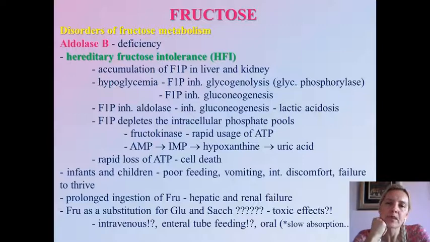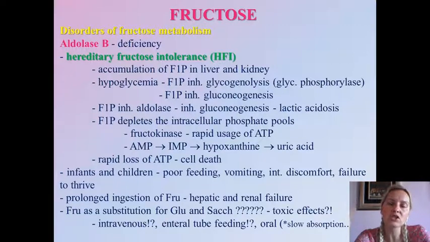This fructose intolerance is more pronounced by its symptoms in infants and children, because adult persons have already realized what's going on, so they can avoid fructose intake in the diet. But in infants and children, it's manifested by poor feeding, by vomiting immediately after breastfeeding, by numerous intestinal discomforts, by failure to thrive, and so on.